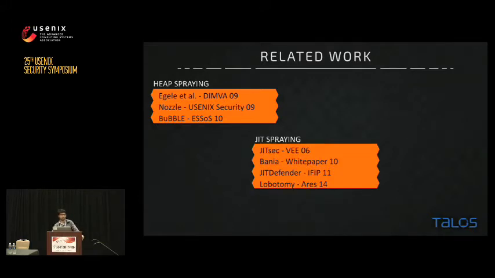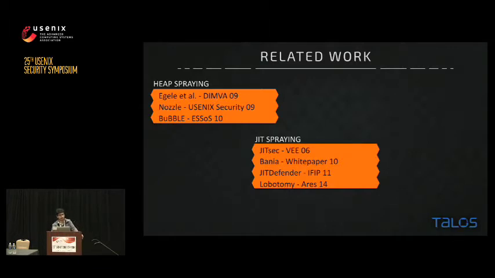Then we have also a couple of good and interesting papers about JIT spraying, like JITSec, JIT Defender, Lobotomy. And we have also some browser developers that, like in another talk yesterday at USENIX, show that we have code blinding or NOP insertions in the browser.